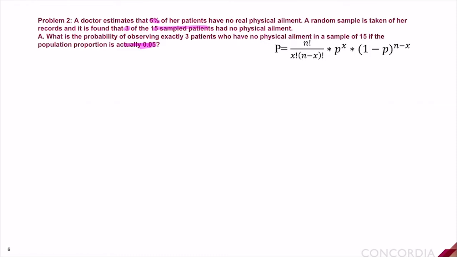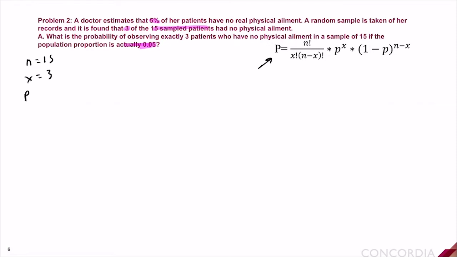For this problem, all we have to do is understand the binomial formula, and we're going to begin by labeling all our variables. Our n, which is the total number of observations, in this case would be 15, since we observed 15 patients. Our x would be the ones without a physical ailment, which in this case they tell us to be 3.